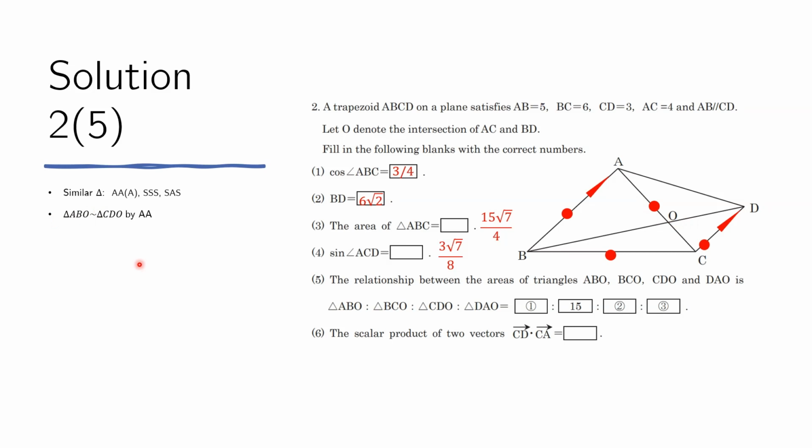Now, if they are similar, then we can make the following proportions.